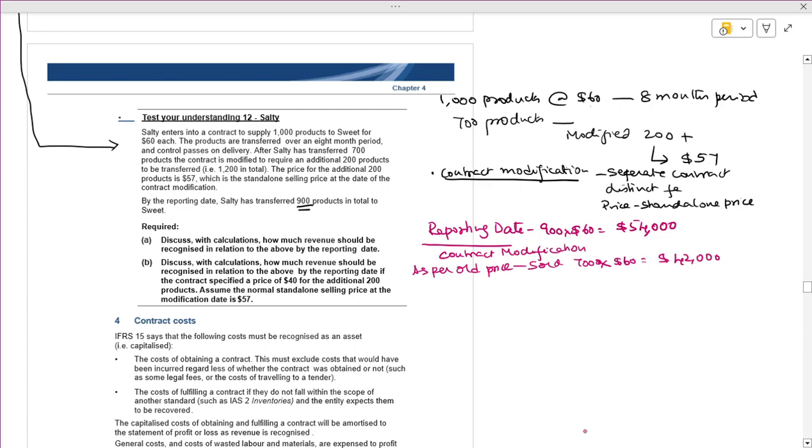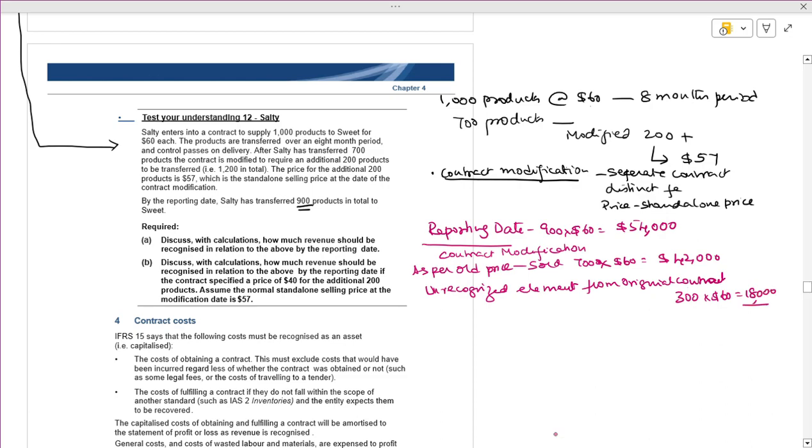Next, the unrecognized element from the original contract is 300 products times 60, which comes to 18,000.